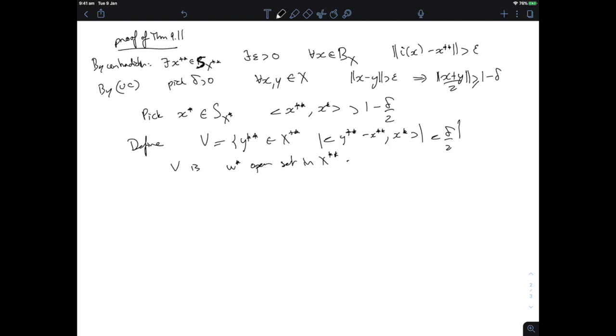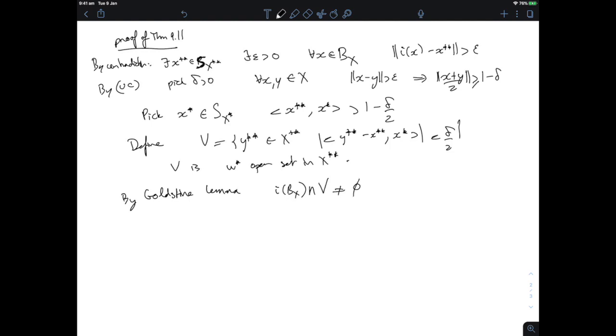Right, now remember that the image of the unit ball of X in the unit ball of X double star is dense. That's what's called Goldstine's lemma. So Goldstine's lemma tells me that I(B_X) is dense. So if I intersect it with an open set like V, I have to get a non-empty intersection.